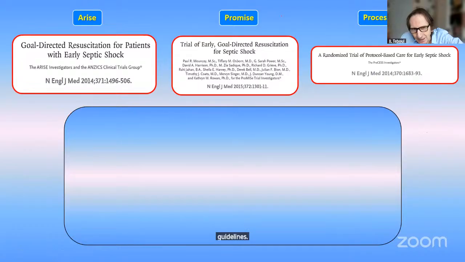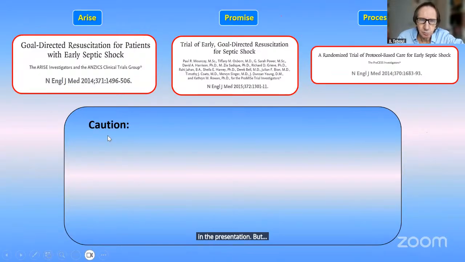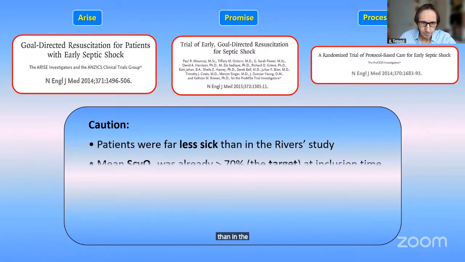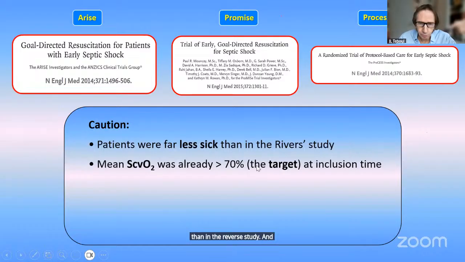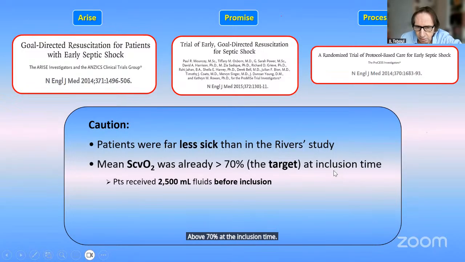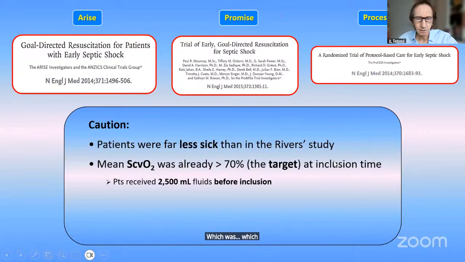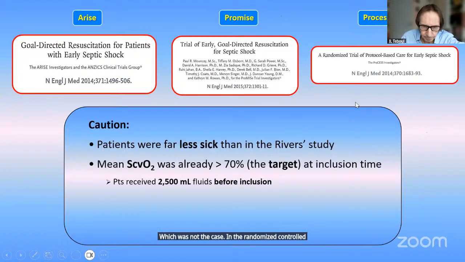But there is always a but in a presentation. We have to be very cautious because patients were far less sick than in the Rivers study. And their mean ScvO2 was already above the target, above 70% at the inclusion time, because they received a lot of fluids before inclusion, which was not the case in the randomized controlled trial by Rivers.